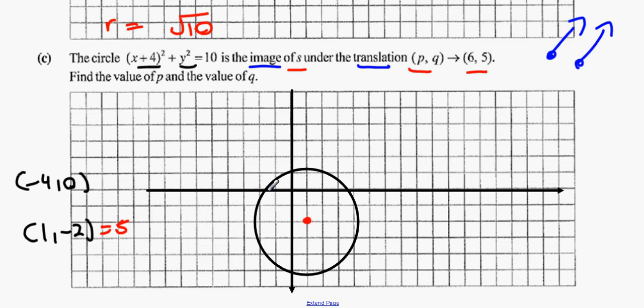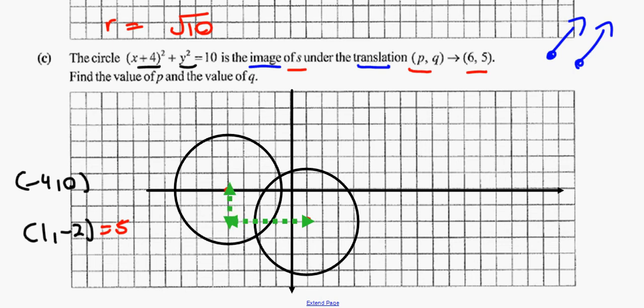This puts it around here, and it also has a radius of √10, so it goes across 3 and a bit. So you can see that both circles are identical in size, but where did they get moved? Where are all the points getting moved to? To find out how the points get moved, we just compare the centers.